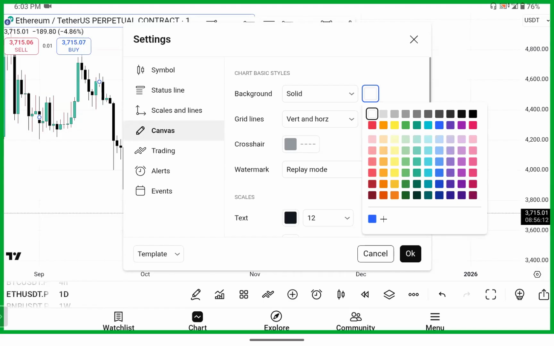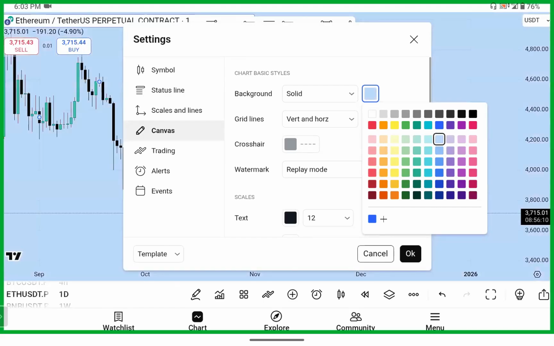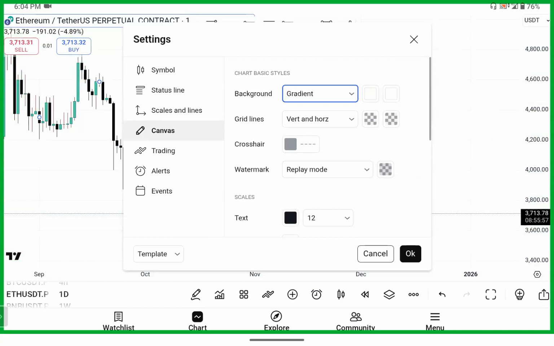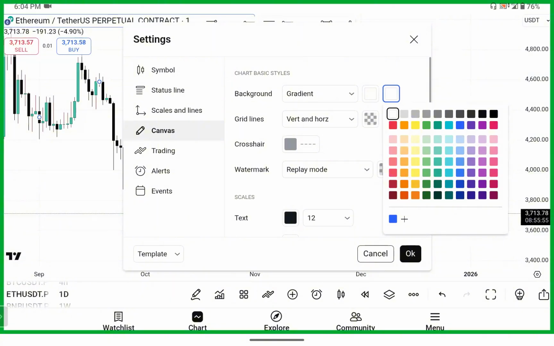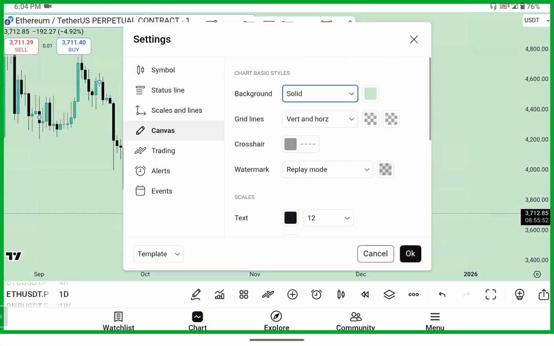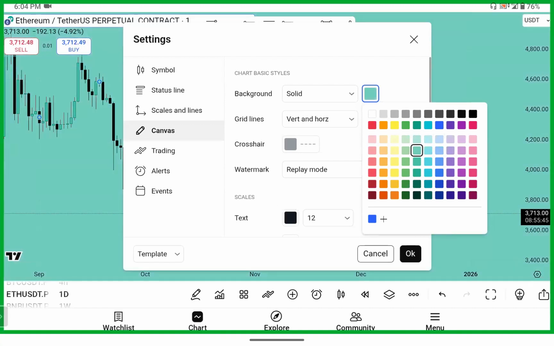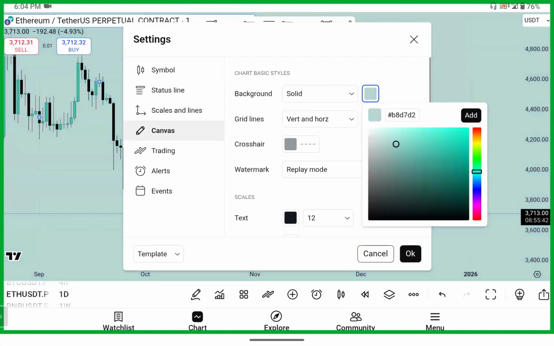So I will change the background to a color that I want. I choose the color that suits me. Let me use gradient. Yeah. So I think solid is better.